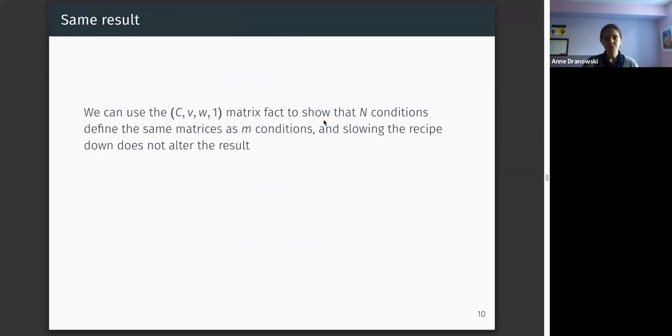Okay, but the point is that we can use this CVW1 matrix fact from the start to show that slowing this recipe down doesn't alter the result. We actually get the same set of matrices, but a more tractable description, one which lends itself to more easily finding equations, an ideal for this set.